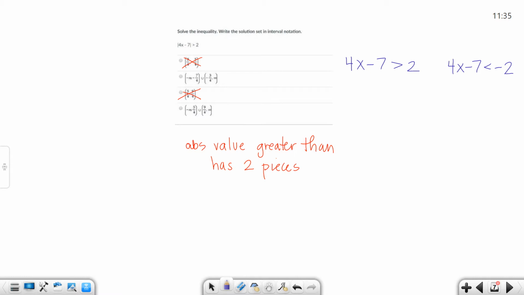Write it as it appears, and then on this side you flip it and change it. Okay, let's solve that out. So 4x would be greater than 9 when I added that 7 to both sides. Divide both sides by 4, and x is greater than 9/4.